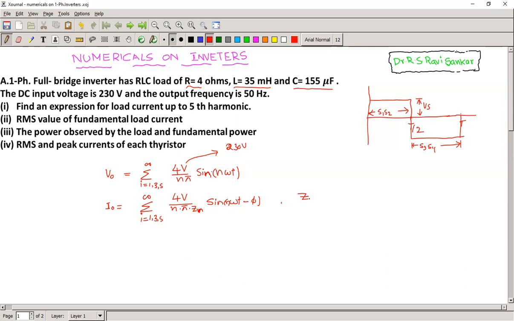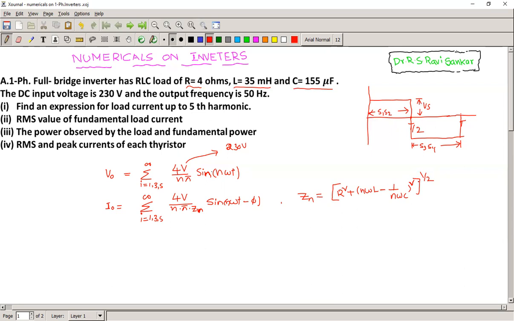Zn is nothing but the impedance for the nth harmonic. So this is equal to root of R square plus n omega L minus 1 by n omega C whole square. The n value may be 1, 3, 5.